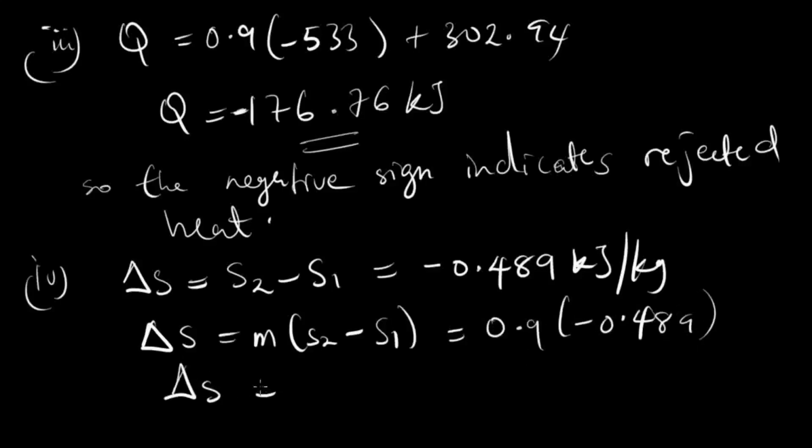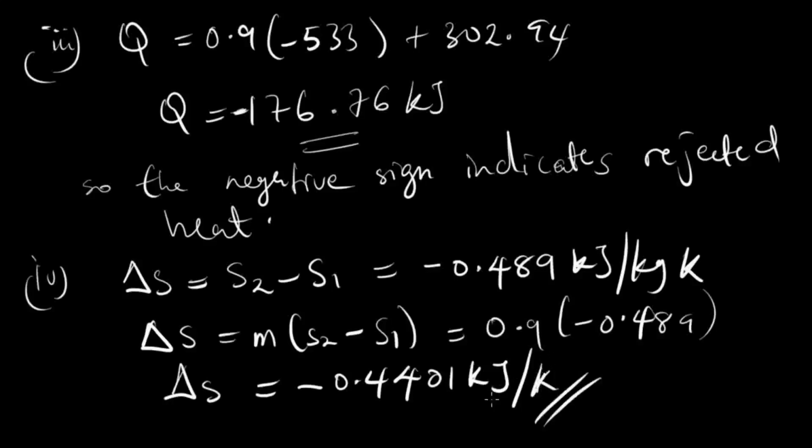So the change in entropy will give us minus 0.4401 kilojoule per Kelvin, because mass has cancelled out. So this is just for the assumption of the fluid being a vapor or a steam.